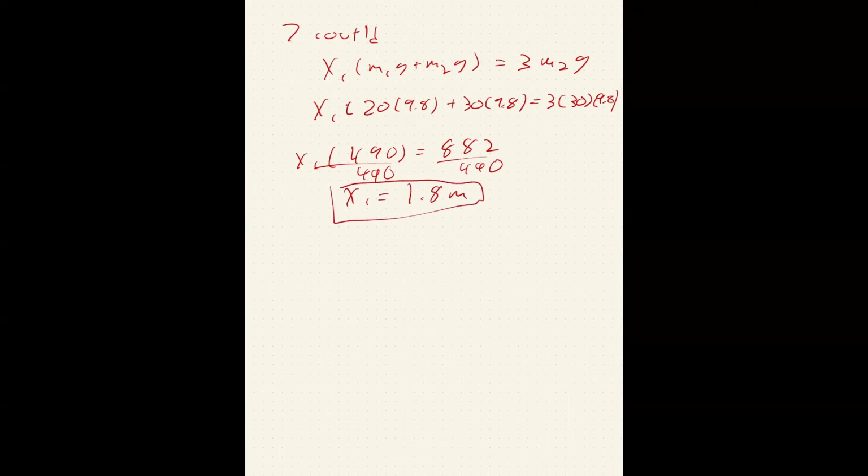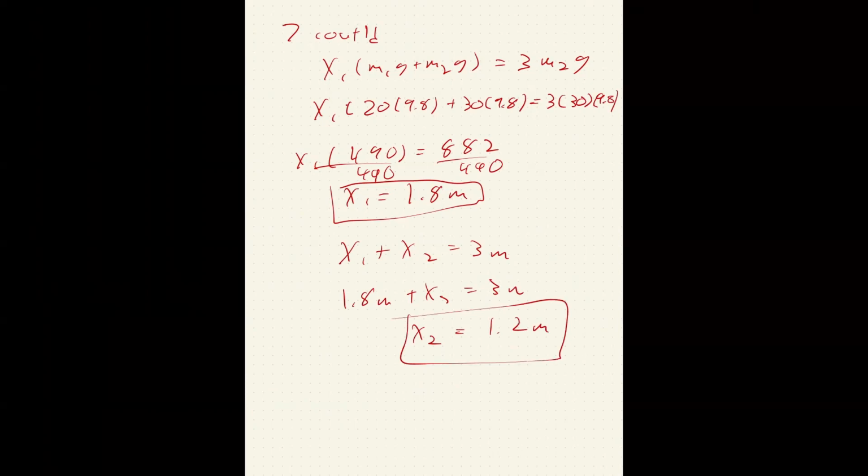Therefore, we know that x1 plus x2 is equal to 3 meters. I have 1.8 meters plus x2 is equal to 3 meters. If I subtract 1.8 from both sides, x2 is equal to 1.2 meters.